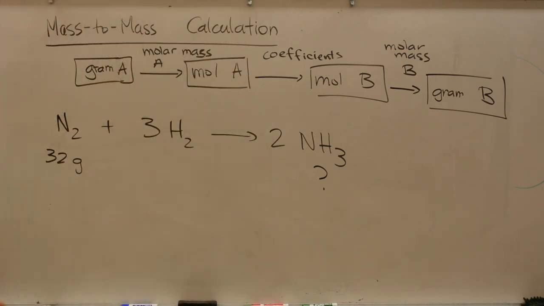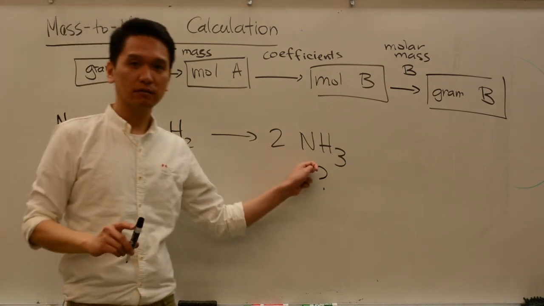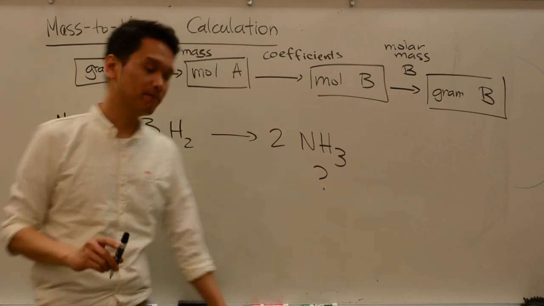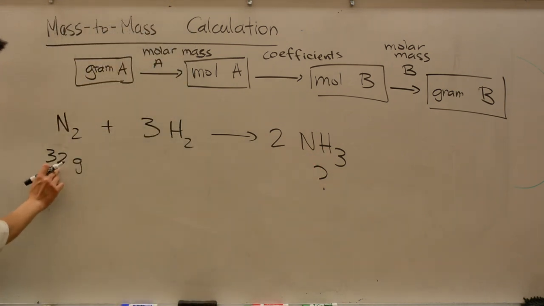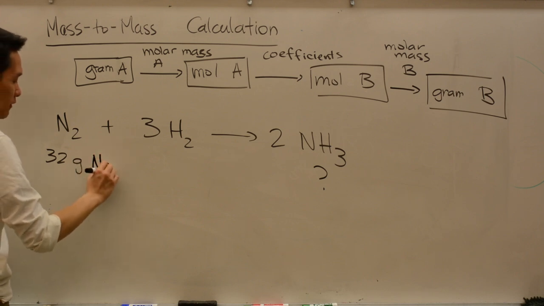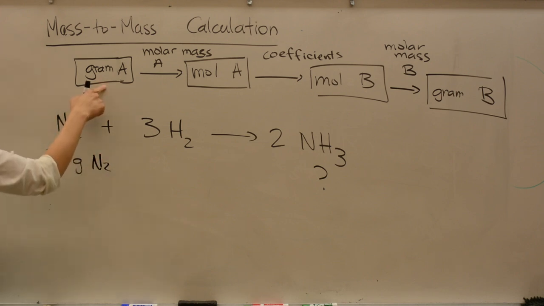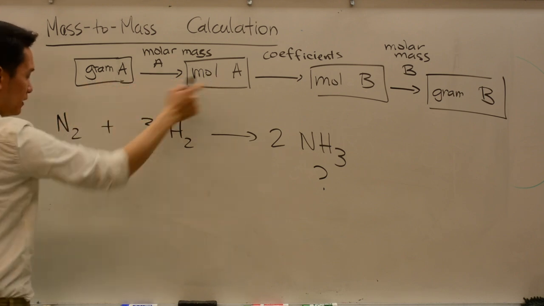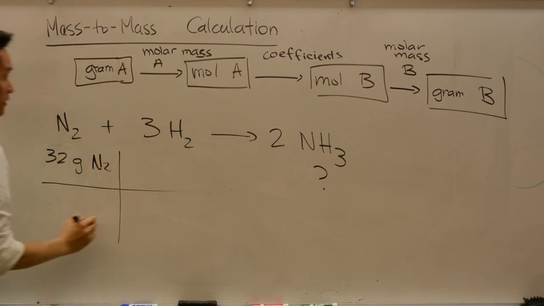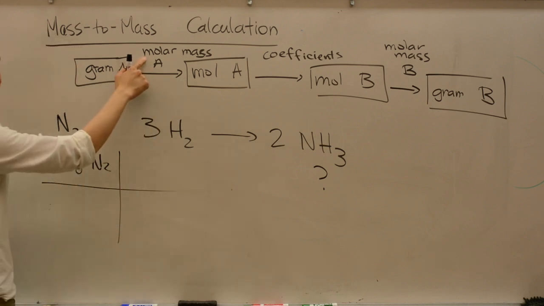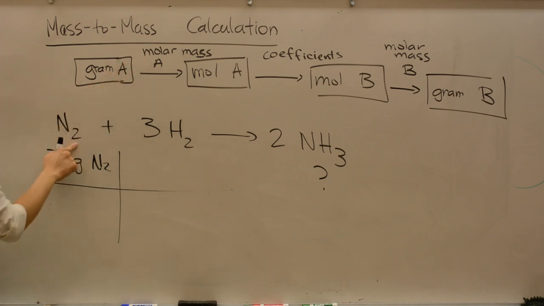So let's solve this problem. Again, the problem states, if I have 32 grams of nitrogen, how many grams of ammonia will I create? If I start with 32 grams of nitrogen, grams of A, I have to go to moles of A, moles of nitrogen. Again, we need the molar mass of N2.